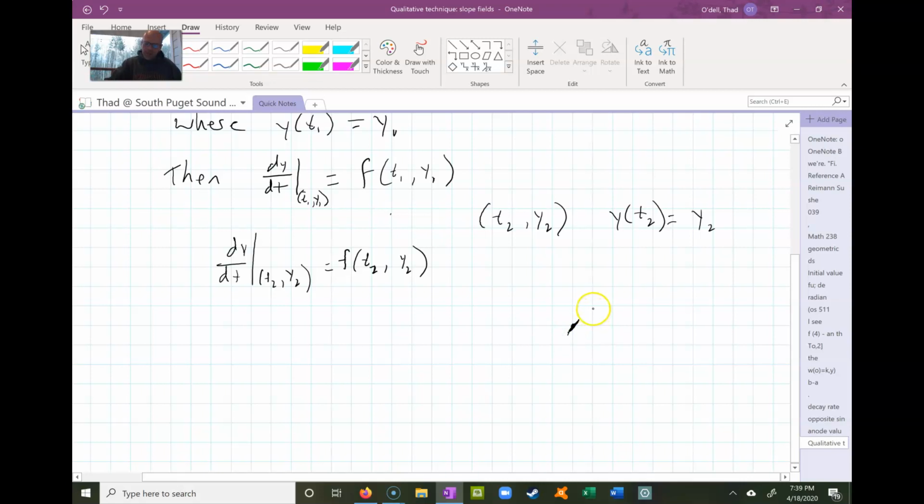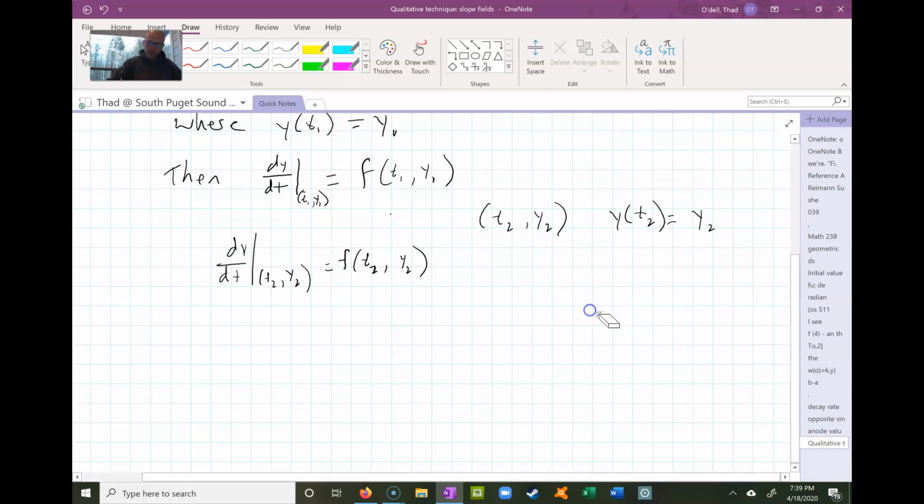And then if I pick another point, like right here, and I find out the slope looks like this, and then I pick another point, say right here, I find out the slope looks something like this. So if you get enough of these, you can basically begin to see some flow patterns of how the graph of the function might go.